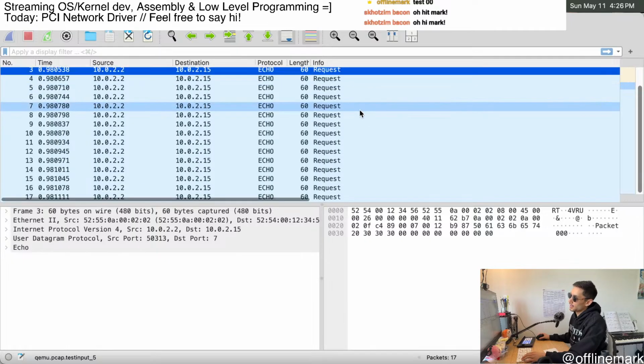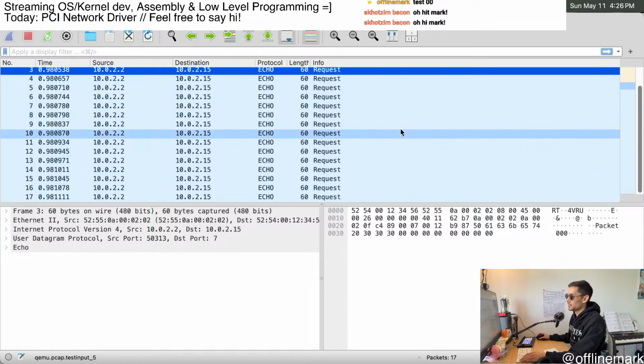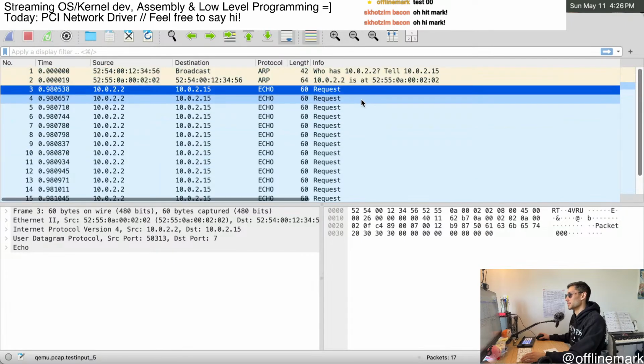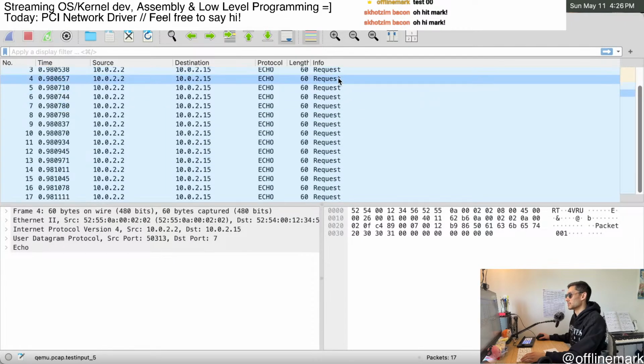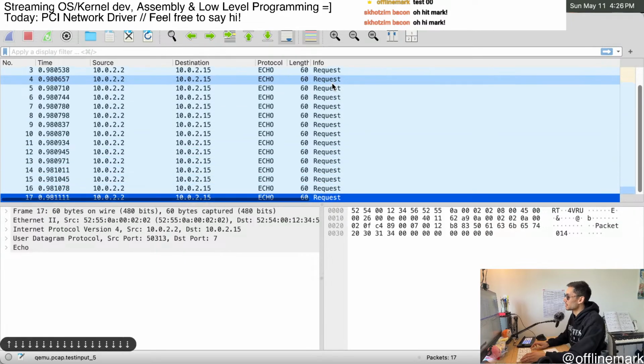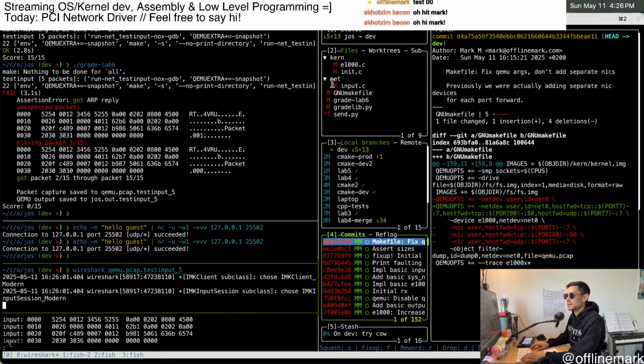So I am kind of mistrustful of the test script because it really seems like all the packets are here. All 15 of them. But for some reason, this test is failing, which is kind of annoying.